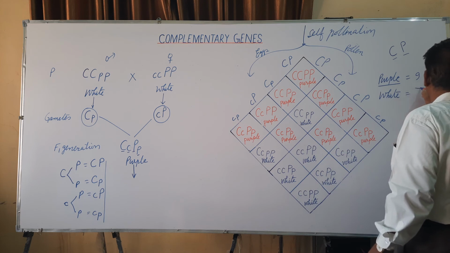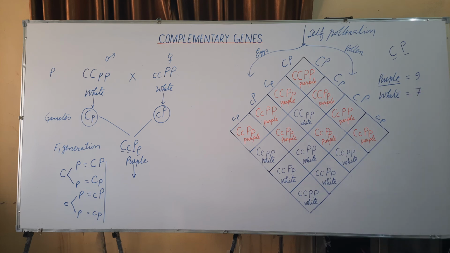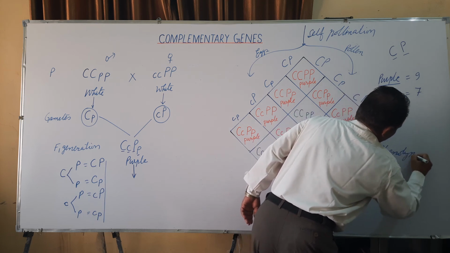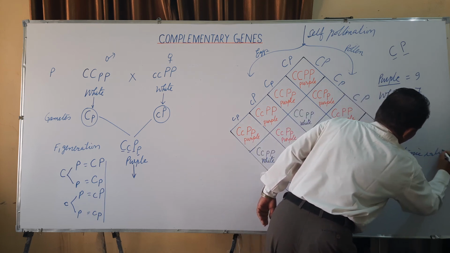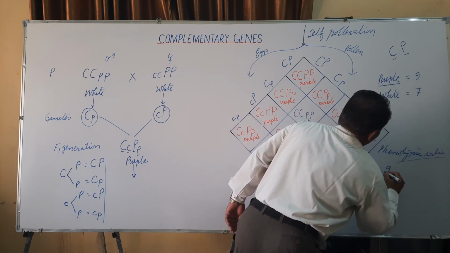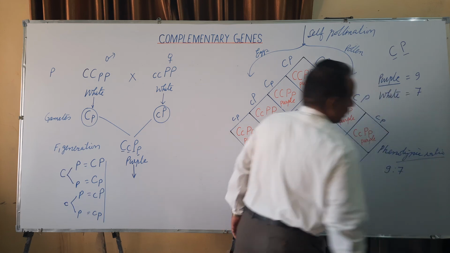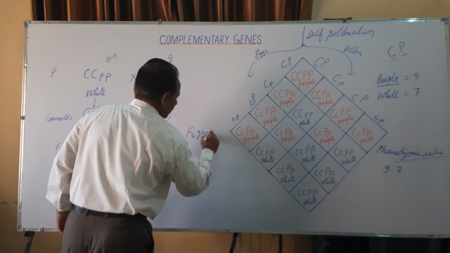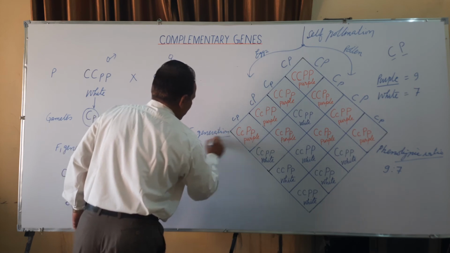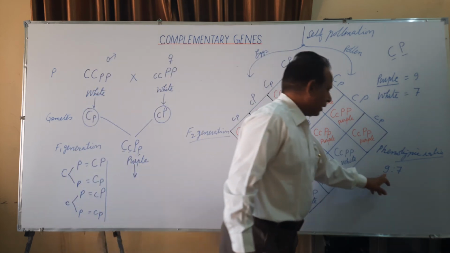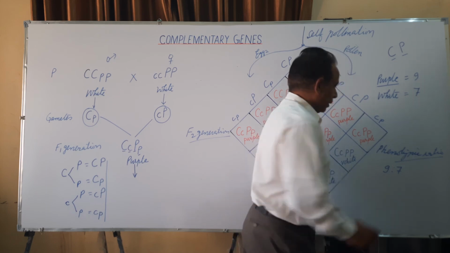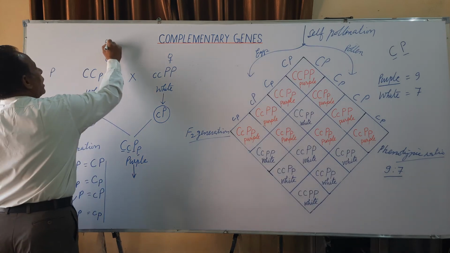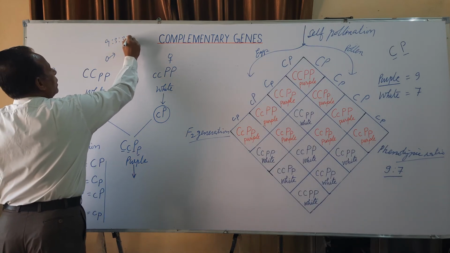So they are 7 in number out of 16. So the phenotypic ratio is 9:7. So in this way, in the F2 generation, we obtained the phenotypic ratio 9:7. This 9:7 modifies the Mendelian 9:3:3:1 ratio.